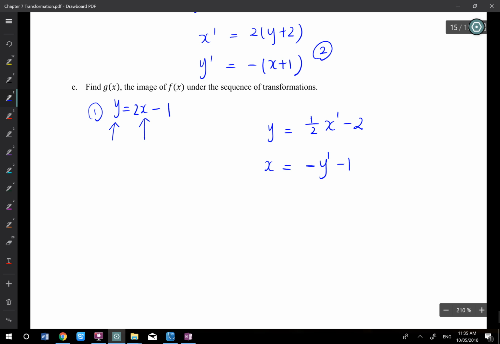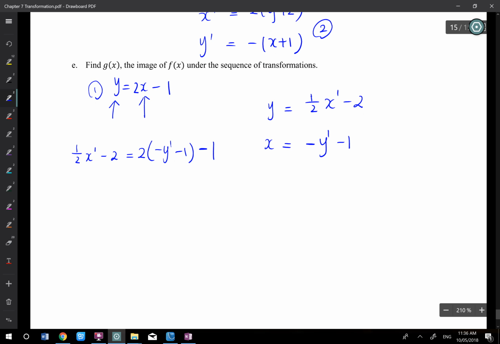So y is a half x dash minus 2 and x is minus y dash minus 1, and then we minus 1. So what I will have is a half x dash minus 1. We plus the 1 to that side, 2 minus y dash minus 1. And we divide 2 to that side.